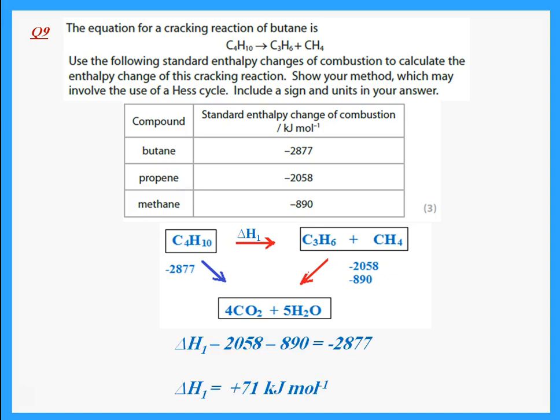So that means my delta H1 plus the others for the C3H6 and the CH4, this is one pathway, and the other one, minus 2877, that is equal to the red arrows, and that means I can solve for delta H, and it comes out to be a positive sign, which is actually reasonable since this is cracking, and we said cracking means I need to heat it in order to break it up, so it must come out in a positive sign.